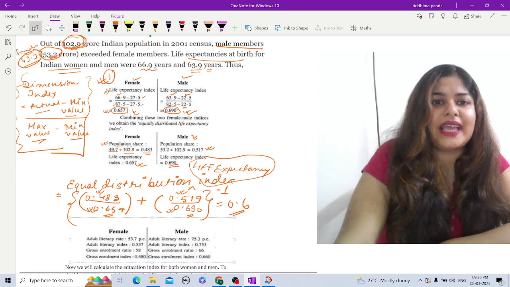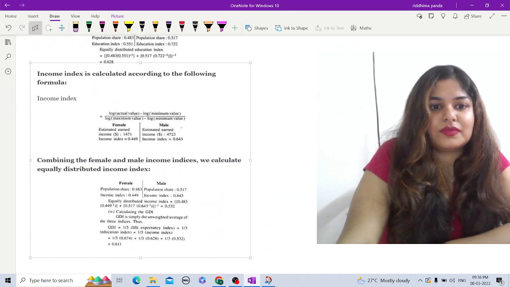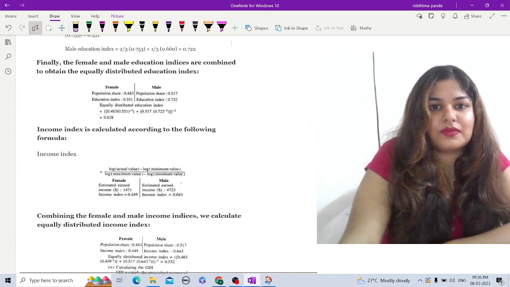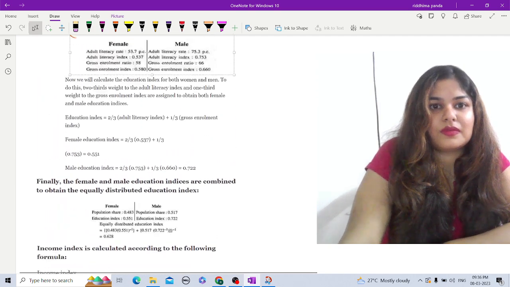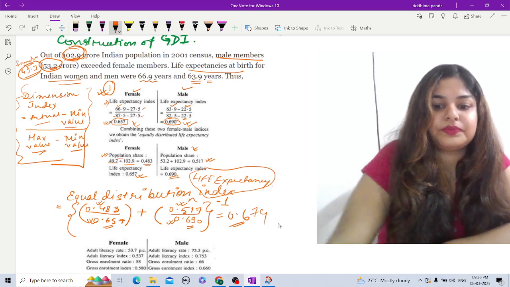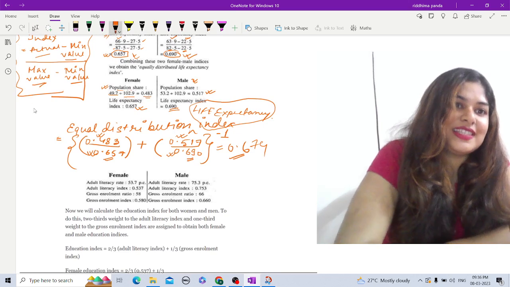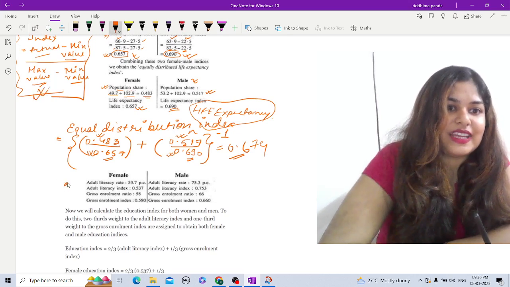Now moving on to the second dimension index, using the same formula.